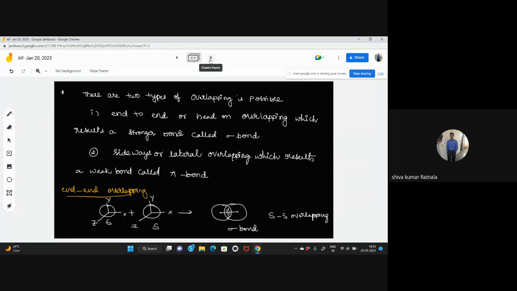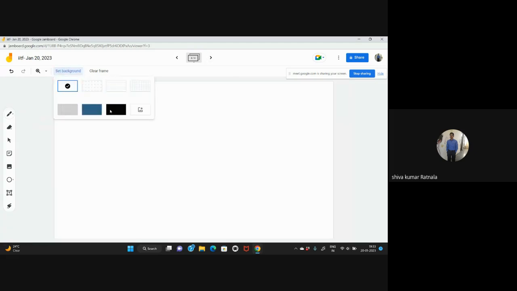Now let me take p and p orbitals. Sir, go to the previous slide, please. One second. This is a p orbital, let me take x. This is a px orbital, and one more is there.